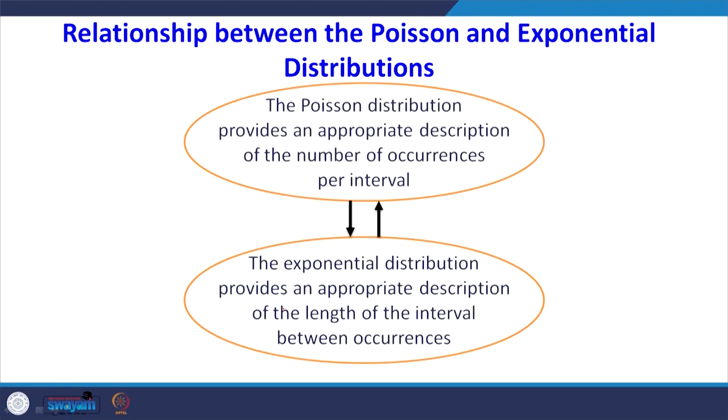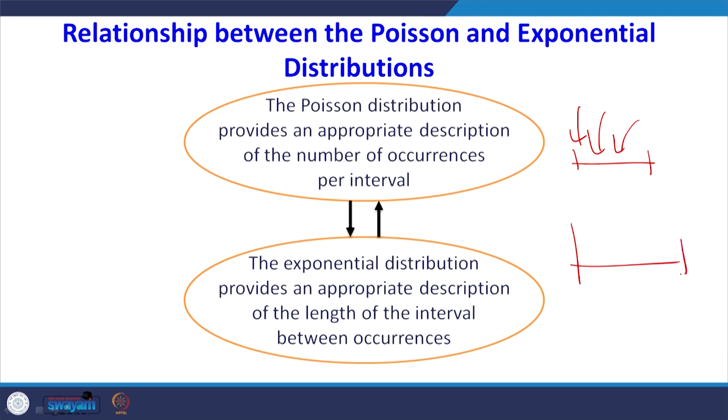Now, there is a very important relationship between Poisson and exponential distribution. See, the Poisson distribution provides an appropriate description of the number of occurrences per interval. So, one interval is there, and in that interval how many occurrences have happened, that is the Poisson distribution. The exponential distribution provides an appropriate description of the length of the interval between the occurrences.